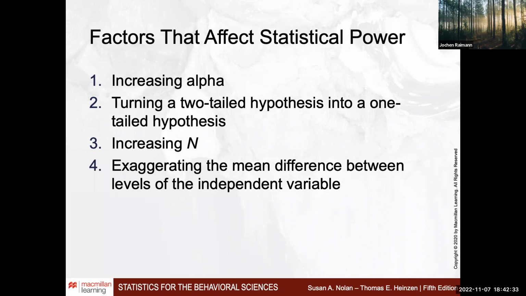Then you can increase the n. The problem with increasing the n is that you will need to study substantially more people, which will result in substantially more costs and a substantial prolongation of your study period. So it comes at a price, right? Then there is exaggerating the mean difference between levels of the independent variable.